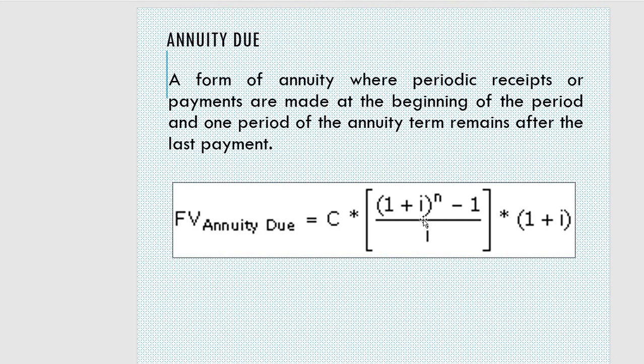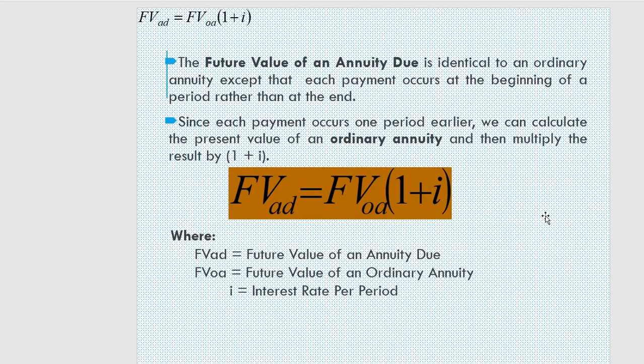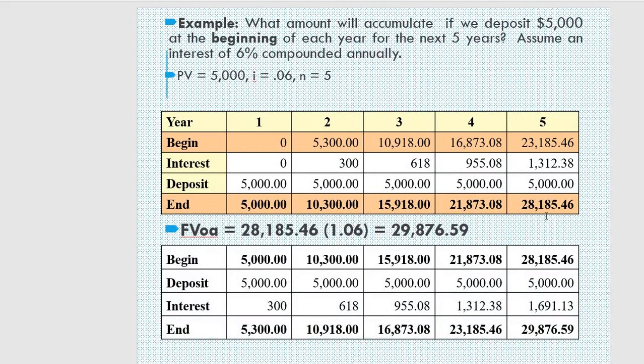The first formula you are seeing there is the formula for an ordinary annuity, multiplied by 1 plus I. So the future value interest factor of an annuity due is equal to the future value interest factor of an ordinary annuity multiplied by 1 plus I. You just multiply the factor of the ordinary annuity by 1 plus I. So that's that. I don't need to emphasize more there.